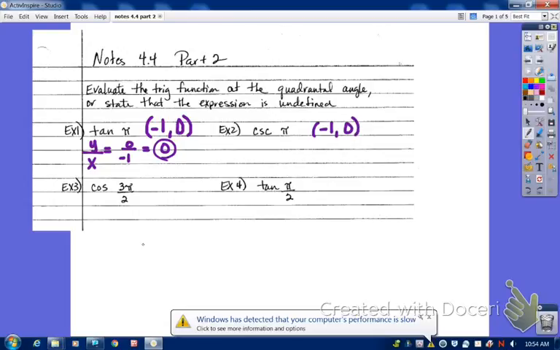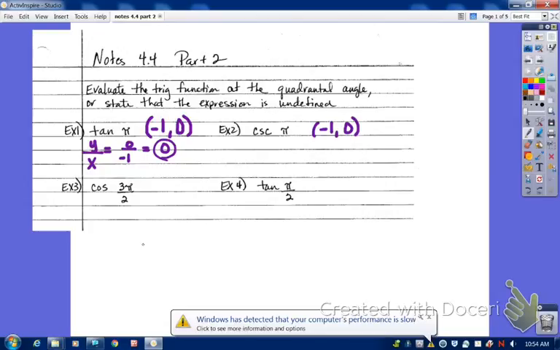Now this is the hard part. We keep flip-flopping between right triangle trig and unit circle and circle trig. So this is circle trig right here. Okay? So cosecant is the reciprocal of sine. On a unit circle, sine is the y value.